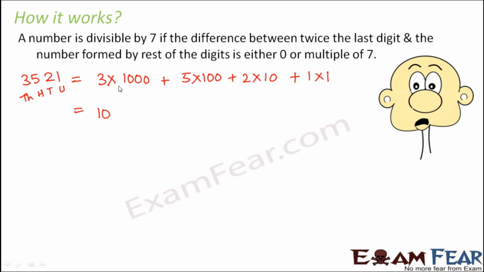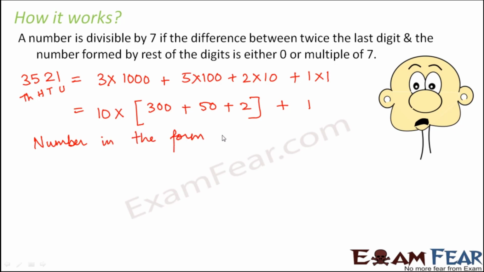Tens place, 100, 1000, 10,000, lakh, all of them would be multiples of 10. So we can write it as 10 into (300 plus 50 plus 2) plus 1. So the number has been written in the form 10x plus y.